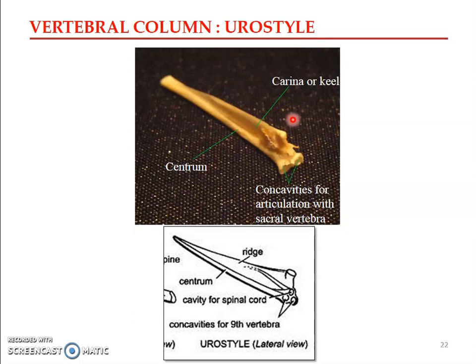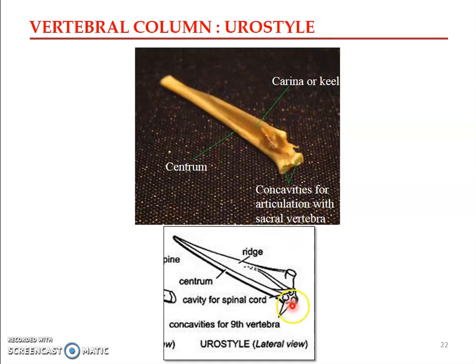Then we can see it contains a canal, known as the canalis vertebralis or the neural canal. It lodges the filum terminale. I hope you remember when we discussed the spinal cord, the extreme posterior part is very narrow and is referred to as the filum terminale.